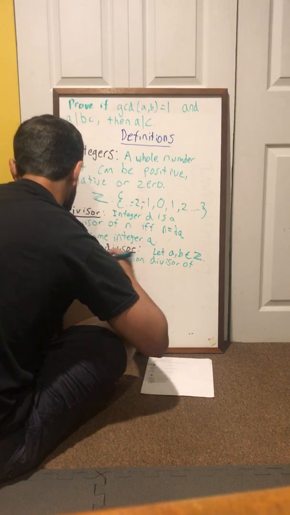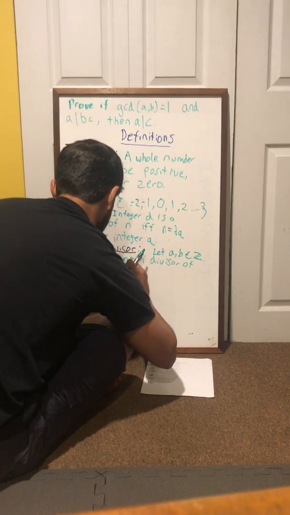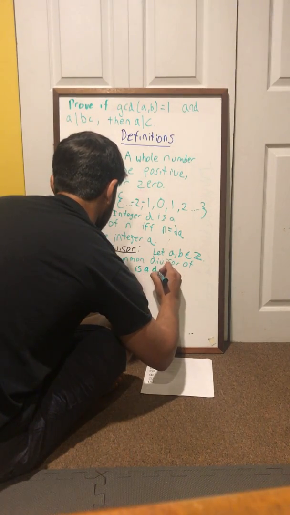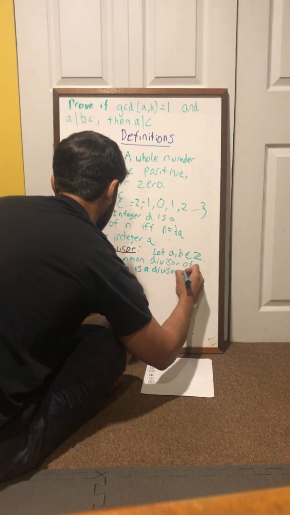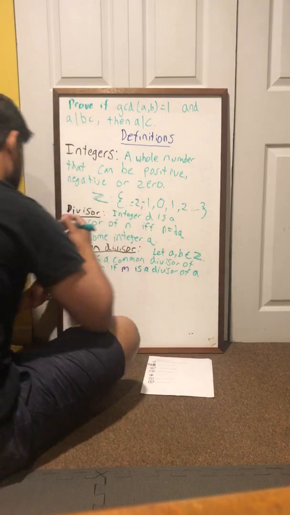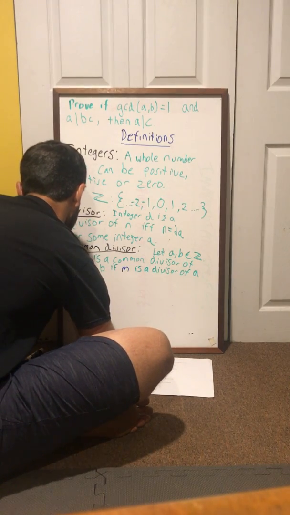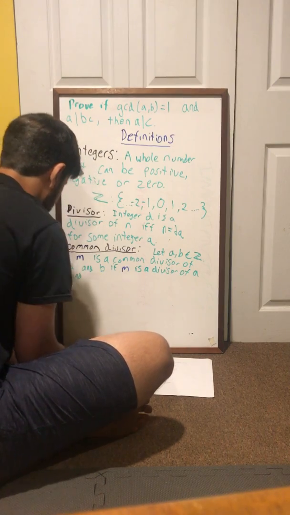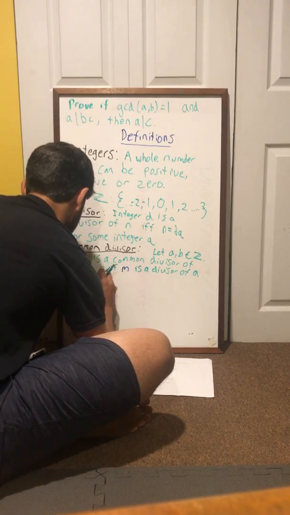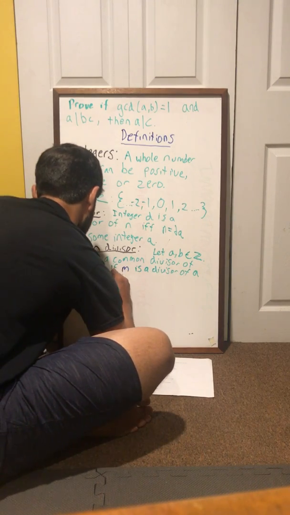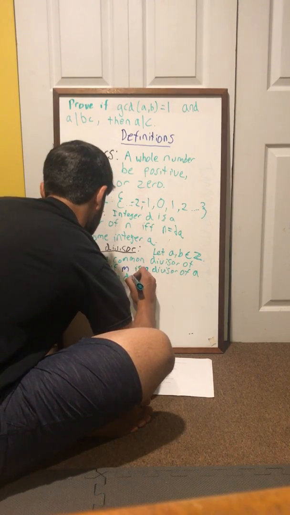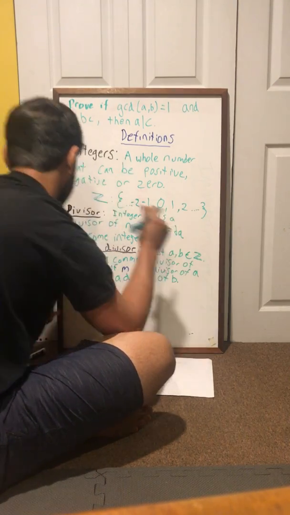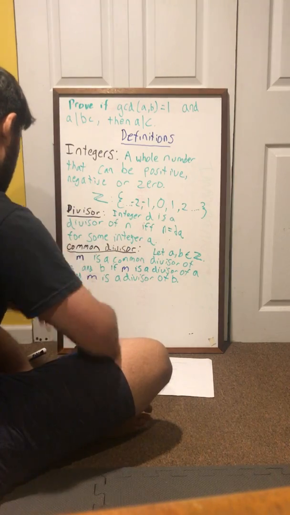if M is a divisor of A and M, let's go with blue again, M is a divisor of B. All right.